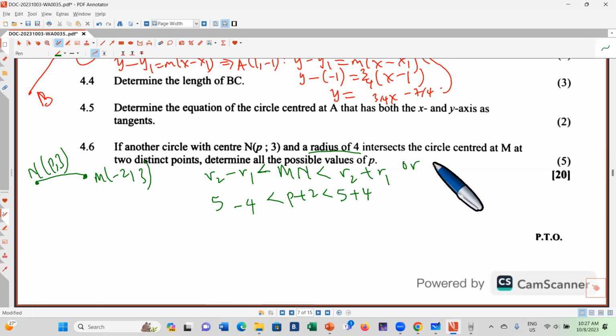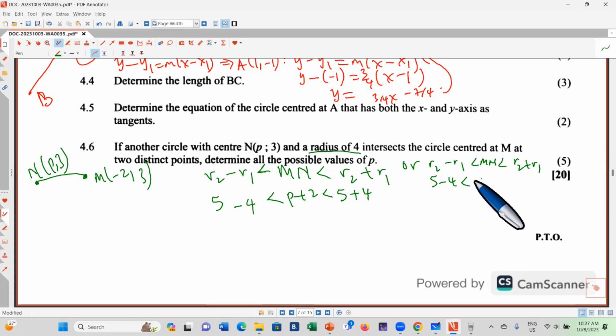Or R2 minus R1 is less than MN, less than R2 plus R1. So this one is going to be 5.